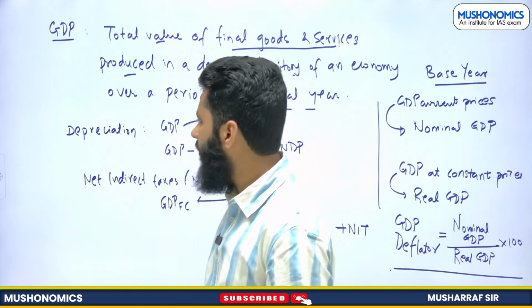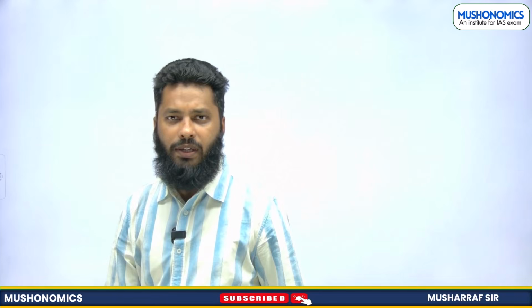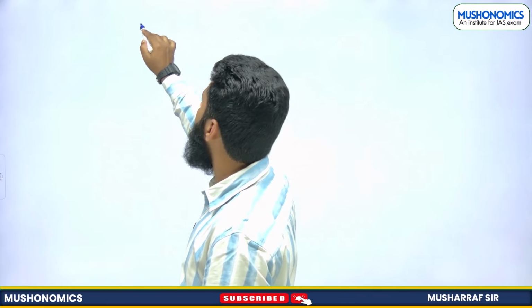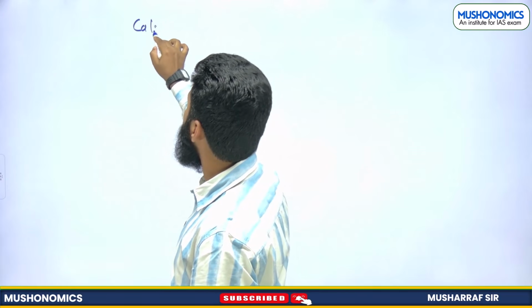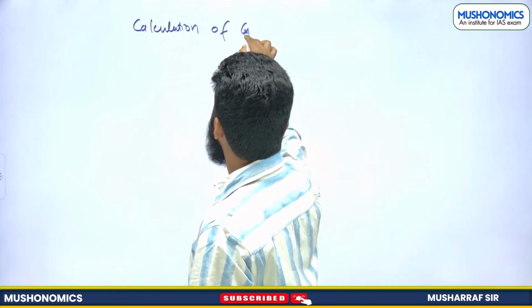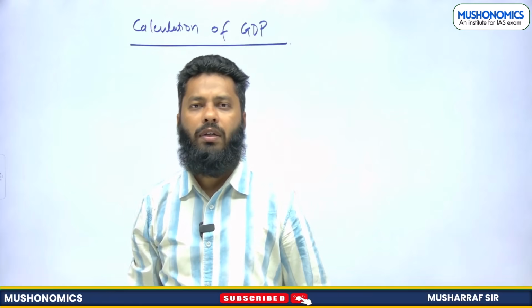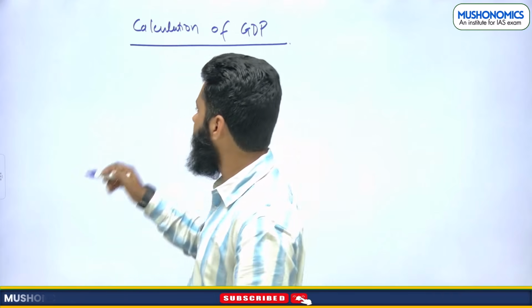Now moving forward with other concepts and definitions, one of the very important topics in GDP is the calculation of GDP. There are three methods that we can talk about if we are talking about calculation of GDP.